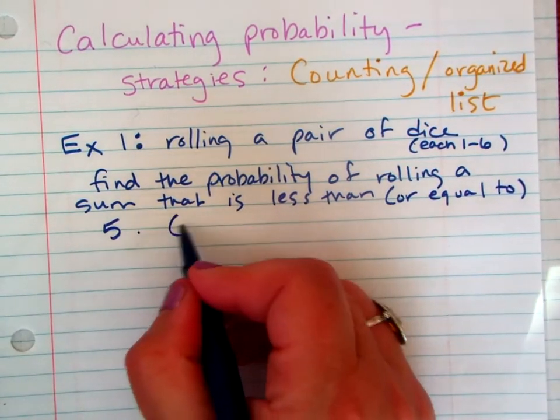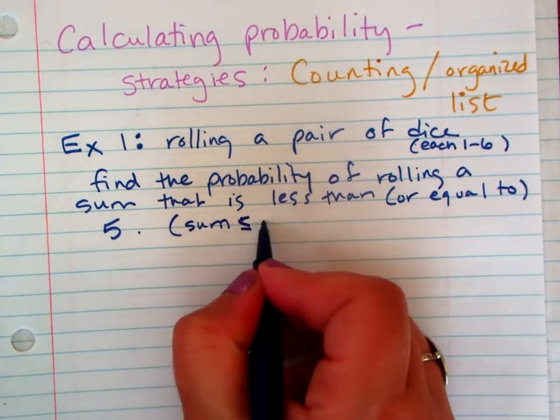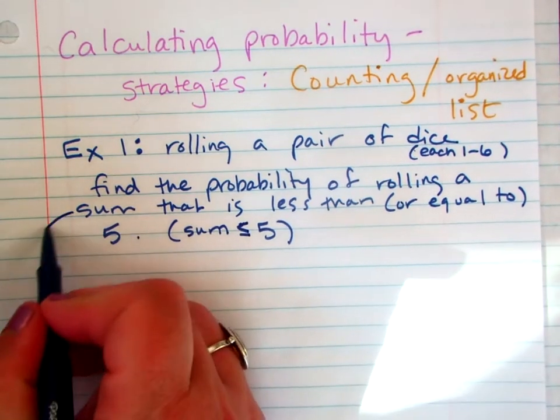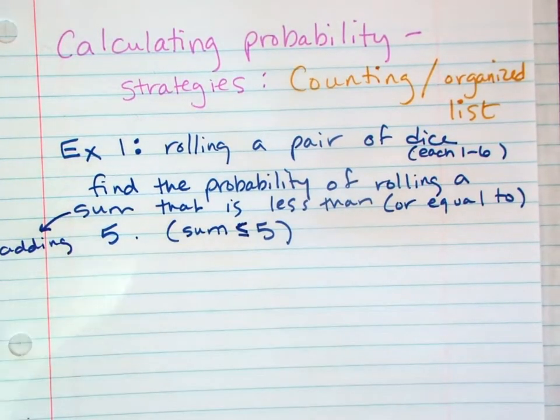So, in other words, the sum is less than or equal to 5. Okay? So, we're looking at a pair of dice and the probability of rolling those 2 dice and the sum when we add those 2 together. So, remember, this is adding the 2. And we add those 2 numbers together, we get a sum that is less than or equal to 5.